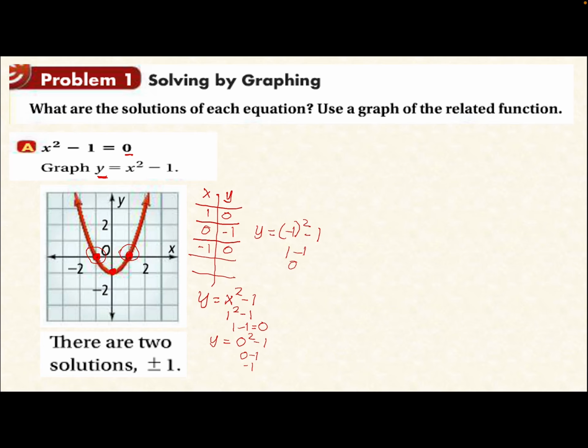You have x is positive 1 and x is equal to negative 1. Again, as I have told you, the solution of a given quadratic equation is actually the x-intercept.